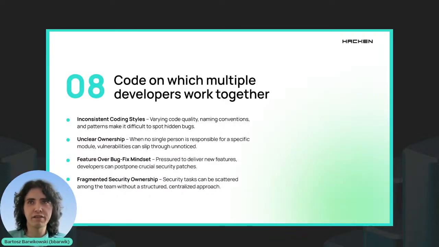Okay, so the next part is code on which multiple developers work together. I would say this is a classic place, because when multiple people are working on something, it's very easy to make mistakes, because people think differently, especially when the project is very complex and not all scenarios are tested.